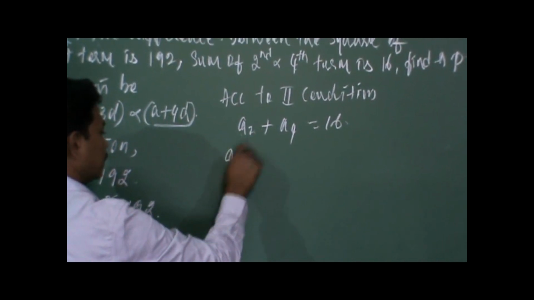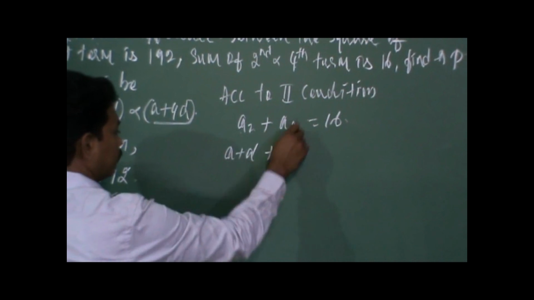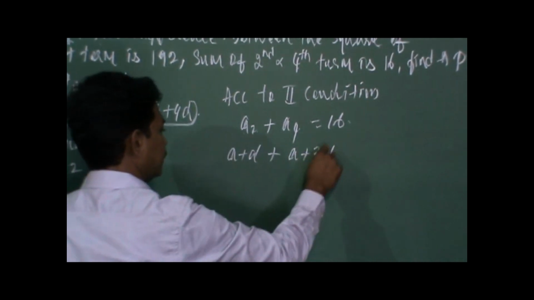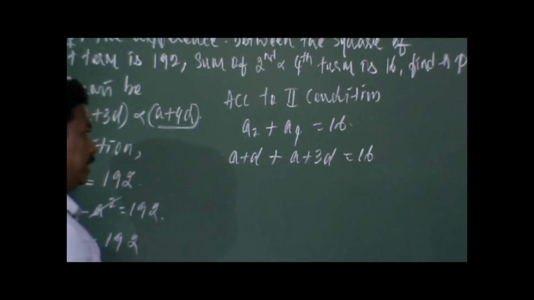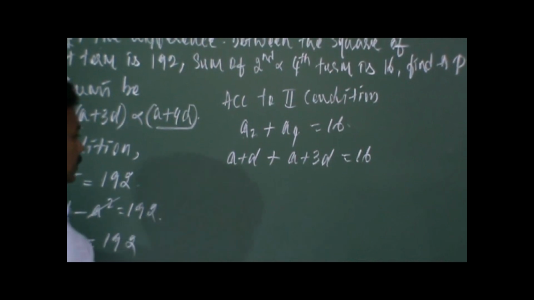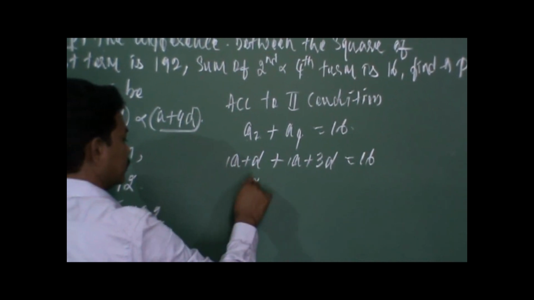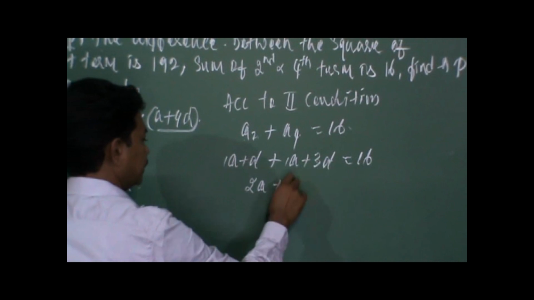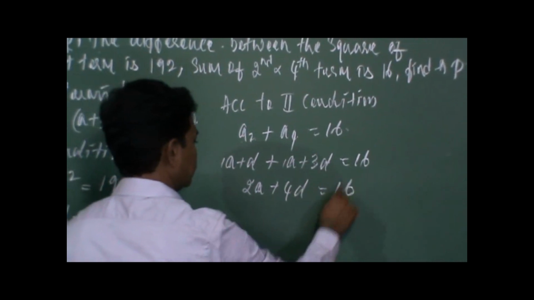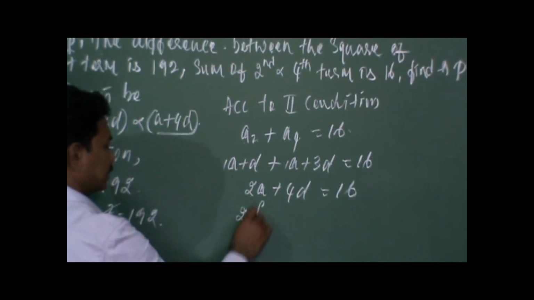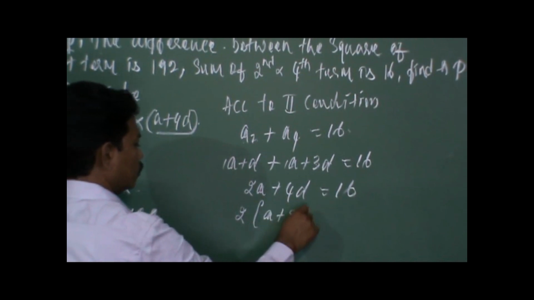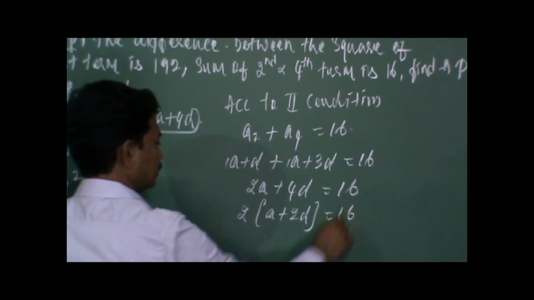This can be written as A plus D, and A4 can be written as A plus 3D, is equal to 16. So this is the sum. So A plus A is 2A, plus D plus 3D is 4D, is equal to 16. Take 2 as common: A plus 2D is equal to 16.